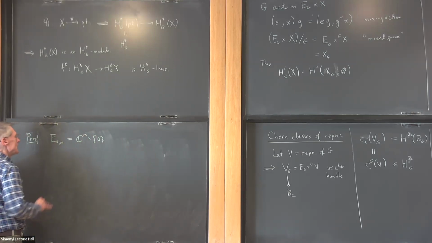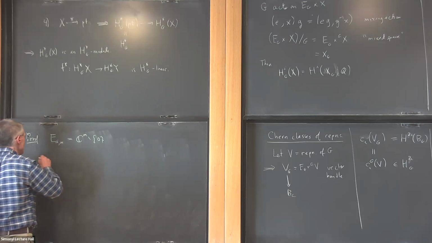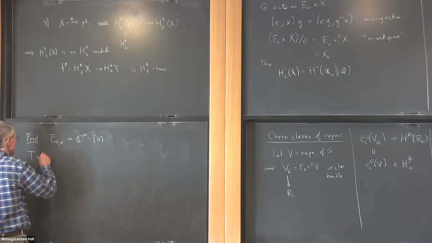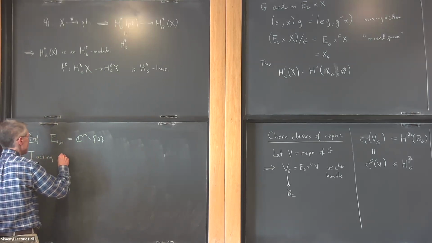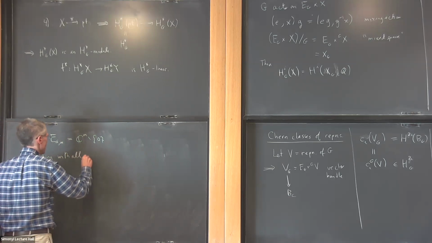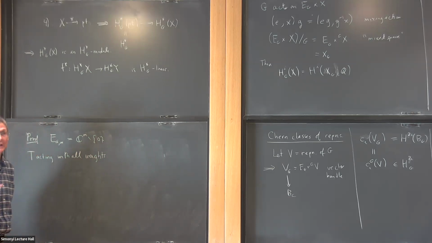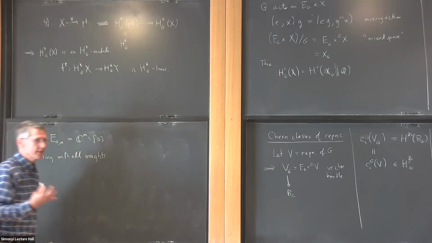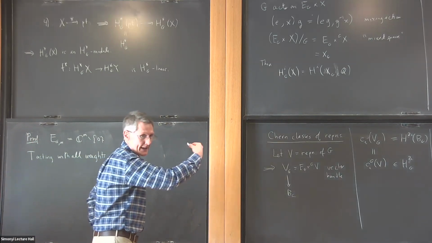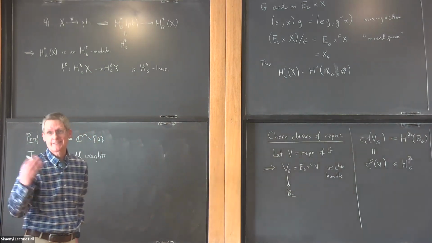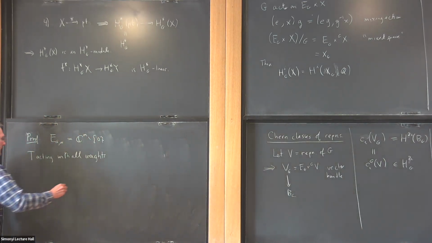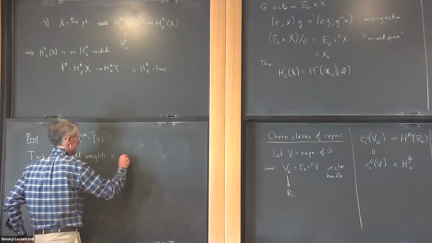I want to take this to be my space with T acting with all weights equal to minus x, because my character is expanded by x.